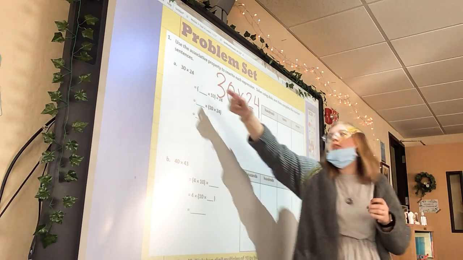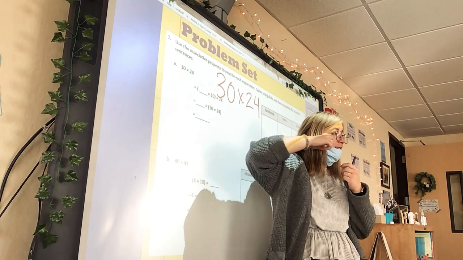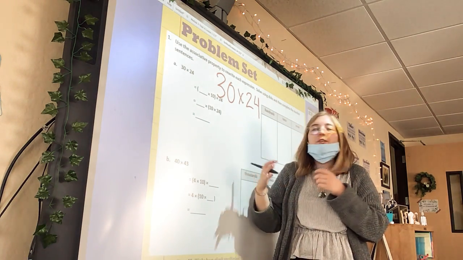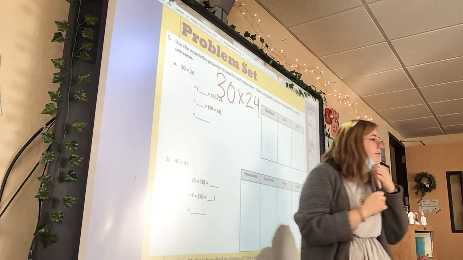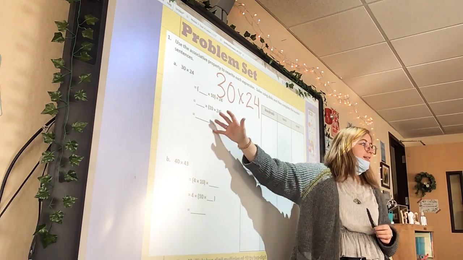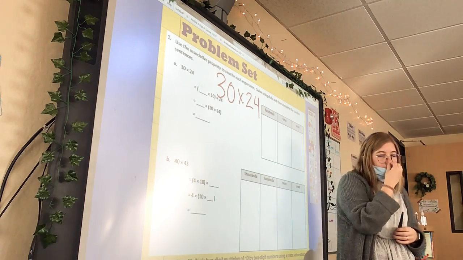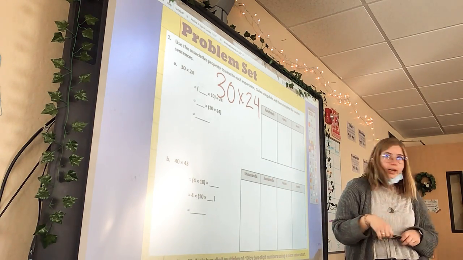It's also called a number sentence or a multiplication sentence. We're solving 30 times 24. On your homework, it'll give you the blanks and you have to fill them in. They look a lot scarier than they are. I promise you they're not scary.